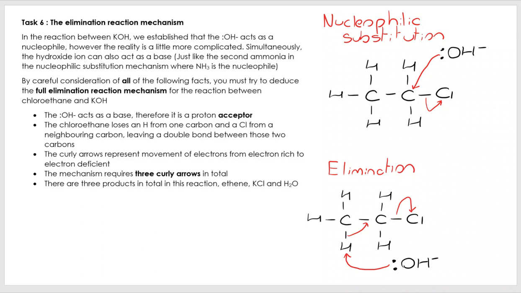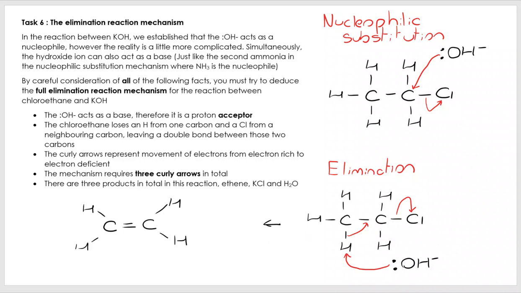Now, let's take a look at what we've actually made. And you can see this carbon has gone, this chlorine has gone. So I've got an H and an H, an H and an H, and a double bond has been created. In an elimination mechanism, we go from single bonds to having a double bond because we've eliminated components that were connected to the carbons.